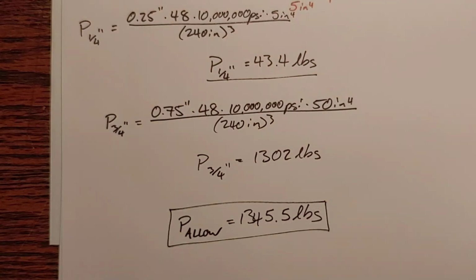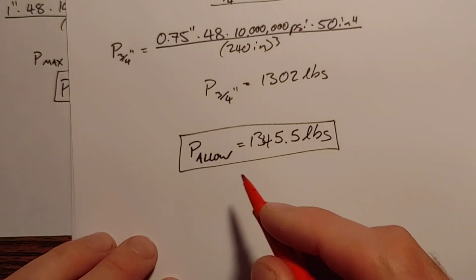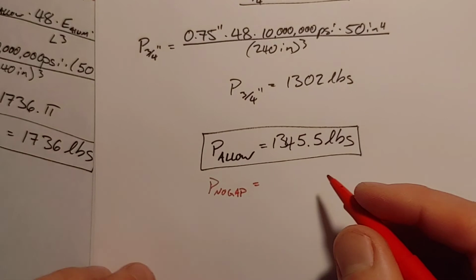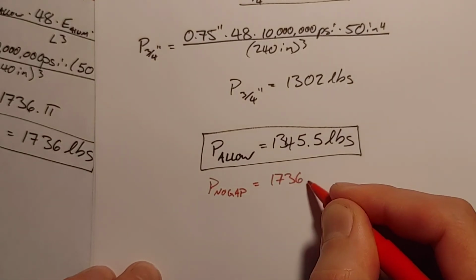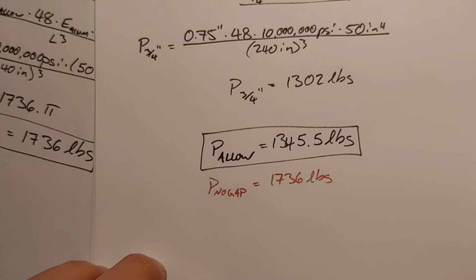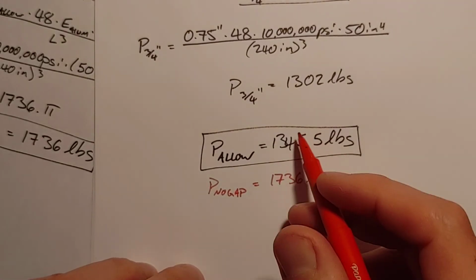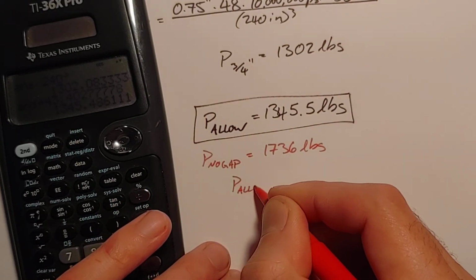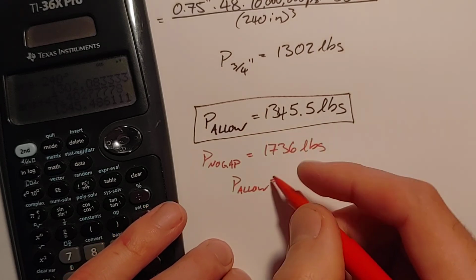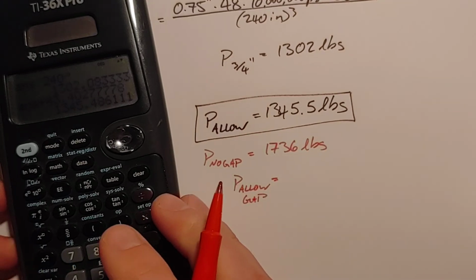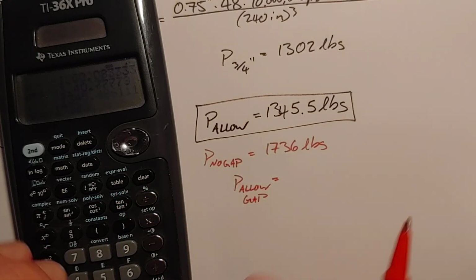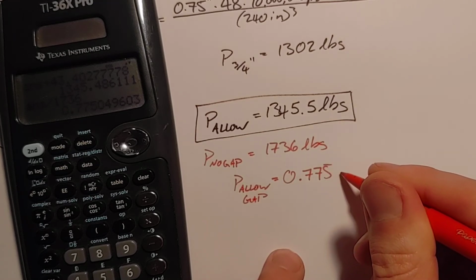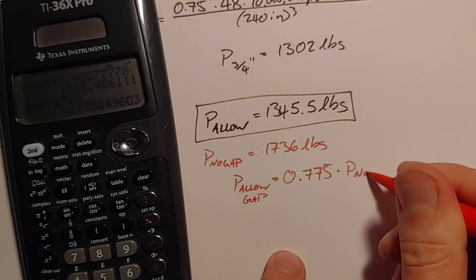And you remember before we had P no gap was 1736 pounds. So because we left that 1/4 inch gap in there, our allowable load has dropped. We only get that P allow with the gap is all the way down here times no gap.